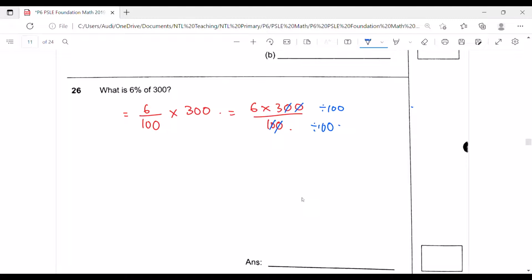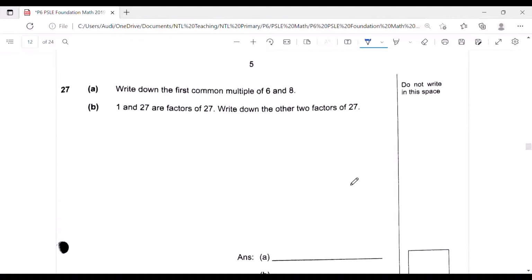This is very important. You have to cancel 1 at a time, that way you don't cancel too many zeros. So you're left with 6 times 3, and so our answer is 18. Okay, again, pause the video now, try the question, and then we will try question 27.